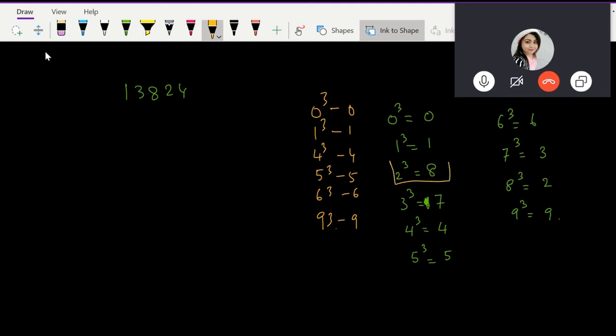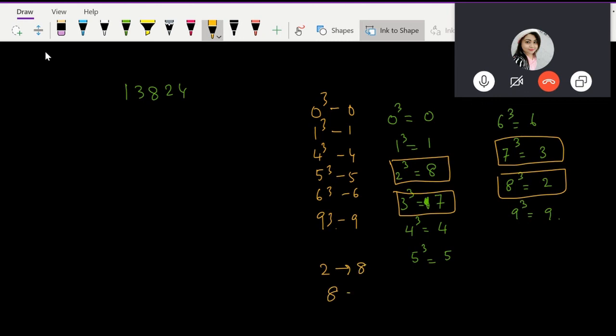And for 2, 3, 7 and 8, there is a pattern. 2 cube will give you 8, and 8 cube will give you 2. 3 cube will give you 7, and 7 cube will give you 3. Correct?